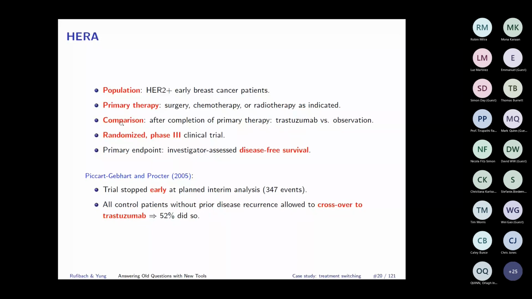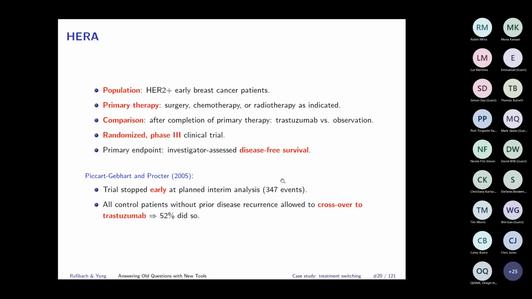The interest was in a comparison: after completion of this primary therapy, giving Herceptin versus just observing the patient, whether that has a benefit. So a randomized phase 3 clinical trial, disease-free survival was the primary endpoint. The trial was stopped early for efficacy at the planned interim analysis in favor of Herceptin or trastuzumab.